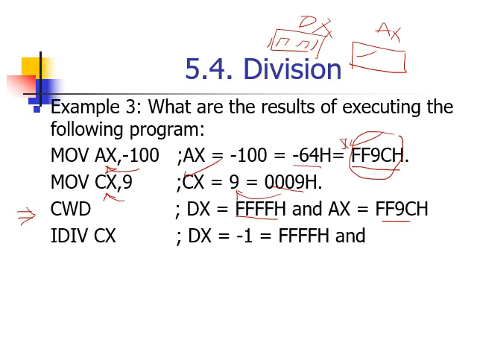Then, because the numbers here are negative, you do IDIV. All right. After doing so, you will get the remainder is minus 1. Okay. Minus 100 over 9 decimally, you will get minus 11 as a quotient and minus 1 as a remainder.